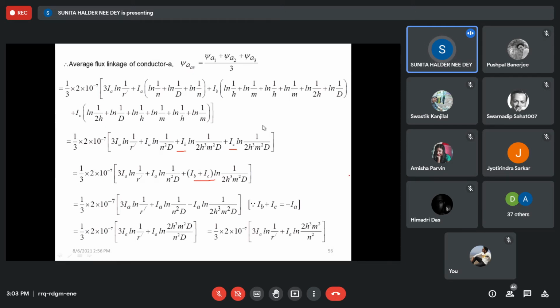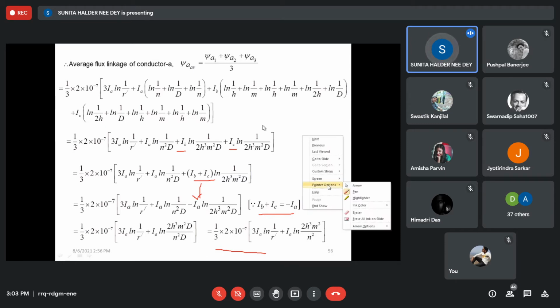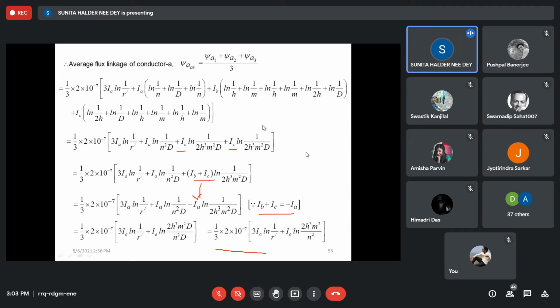The product term will be IB plus IC, which we can replace by minus IA because the system is electrically balanced. So IB plus IC equals minus IA. Then we get the average flux linkage in terms of IA. Understood? If we get the flux linkage in terms of IA, then our purpose is served.